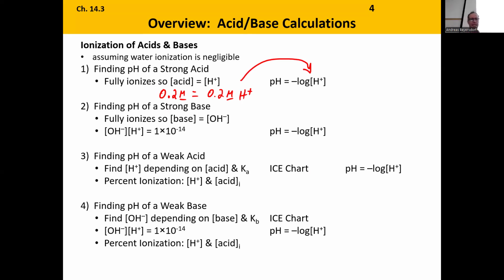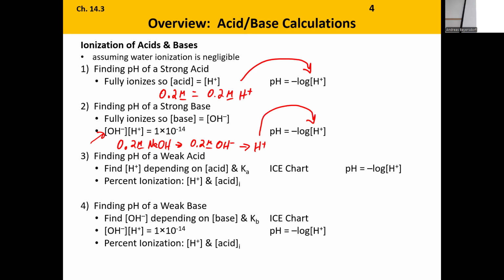If it's a strong base, let's say 0.2 molar NaOH, that means it's 0.2 molar OH minus, which then you can find H plus using this equation right here, and then plug that in to get the pH.